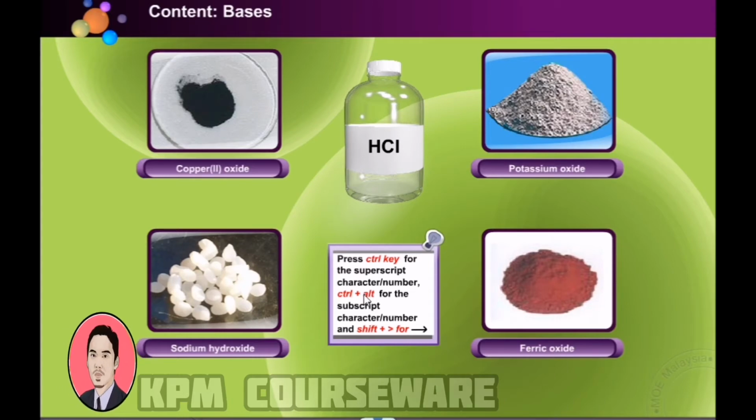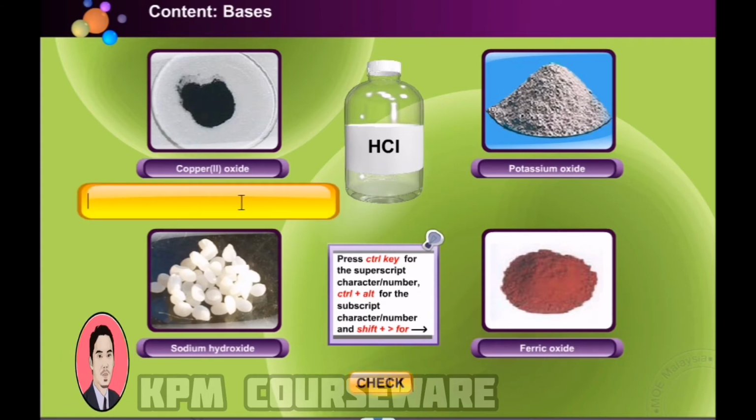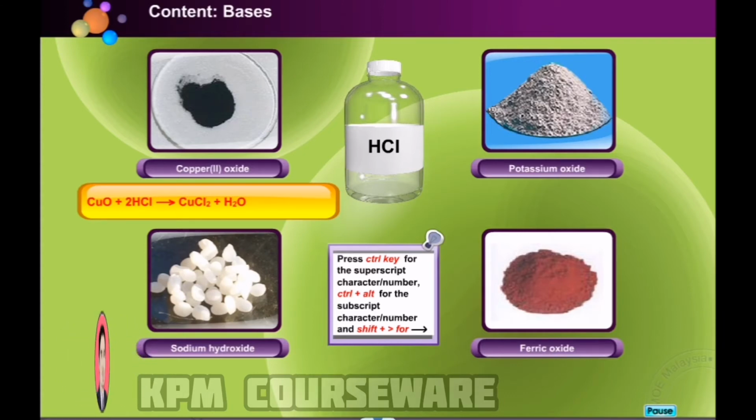Click the Check button when you are done. They react with acid to produce salt and water. Copper oxide, sodium hydroxide, potassium oxide, and ferric oxide have one thing in common.